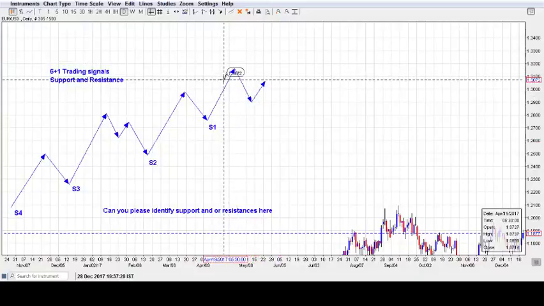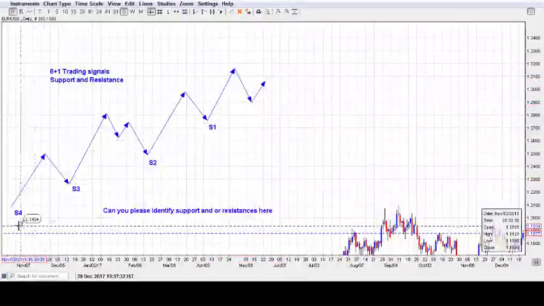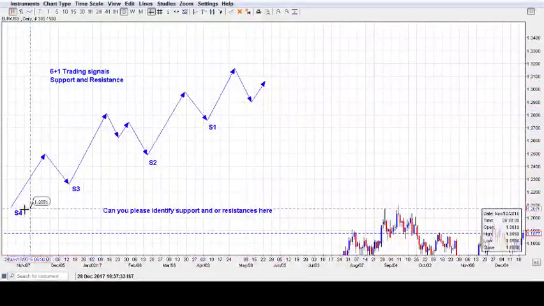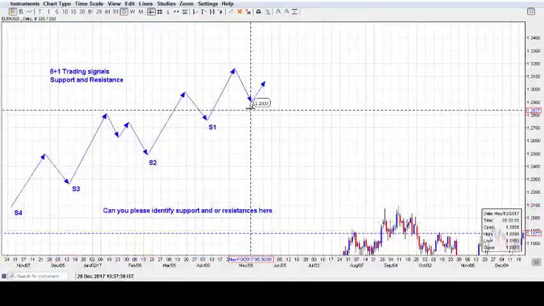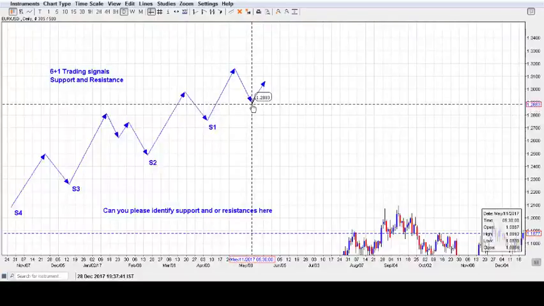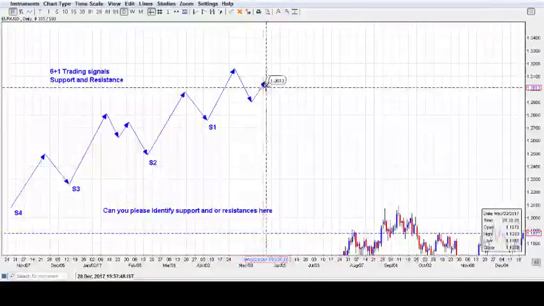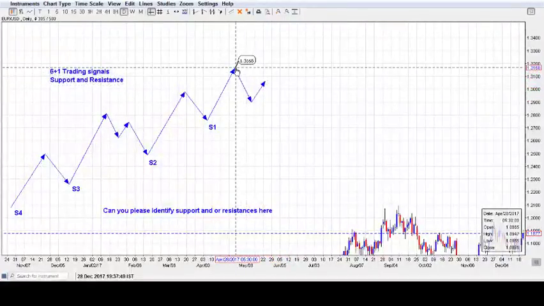If you follow this technique, what will happen is, let's say if you're randomly plotting S1 or support, you might consider this point as well as a strong support, which is not a support, it is a potential support. Why? Because the markets have not made a new high beyond the previous high.